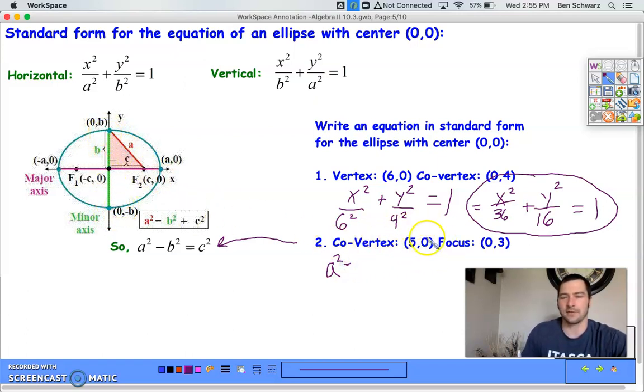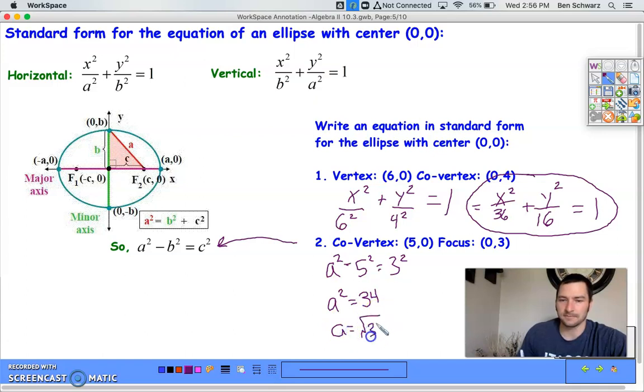That's 5 away from 0, 0. So minus 5 squared equals c squared, and c is your focus. So 3 squared. So a squared is going to equal, let's add 25 to both sides because 5 squared is 25. 9 here, so 9 plus 25 is 34. So a is the square root of 34.